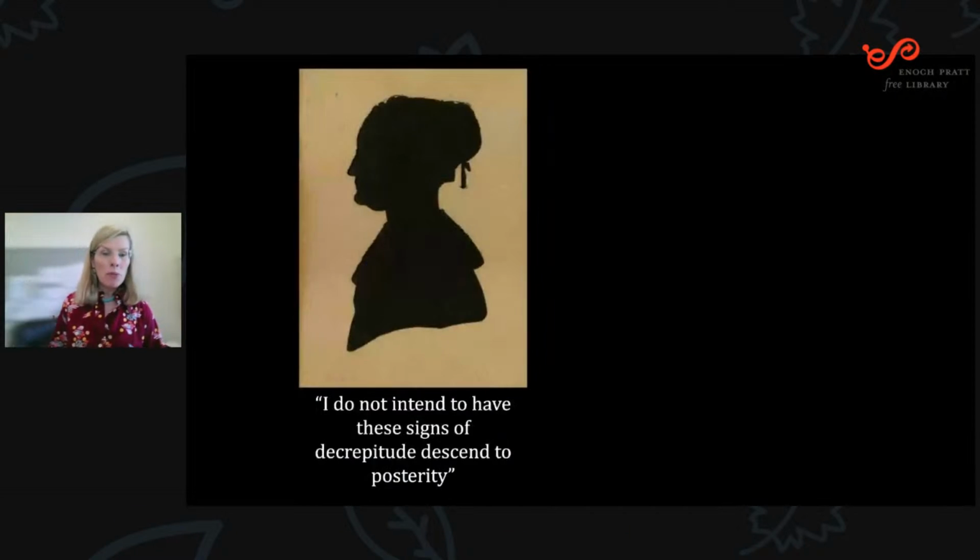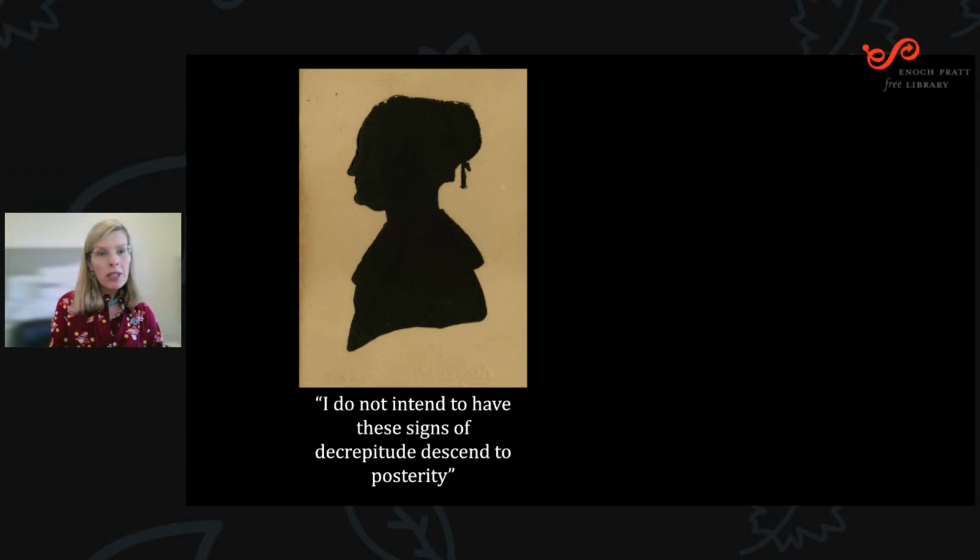So I'm going to begin in an unconventional place. I'm going to begin at the end of Elizabeth Bonaparte's life. And if you think about images of Elizabeth, you do not think of the image I'm showing you from 1854, an aged Elizabeth, a silhouette cut while visiting the Astors at their summer home outside of New York City, where she, like many who visited the shore at that time, decided to have a silhouette cut.